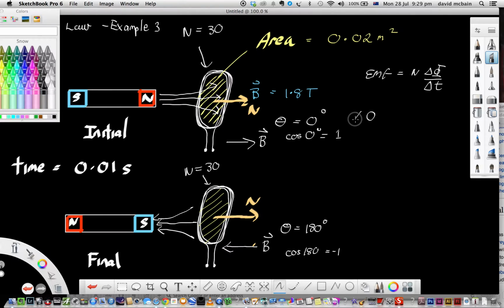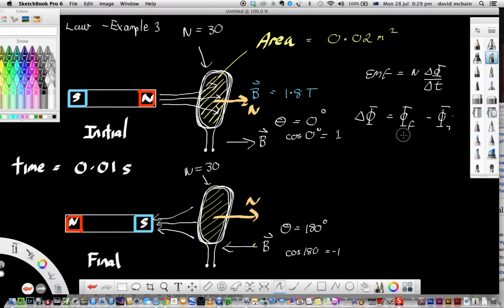So the change in flux is the final flux, take away the initial flux. Okay, so what we now need to do is work out this flux. And once again, we're going to use the flux formula.